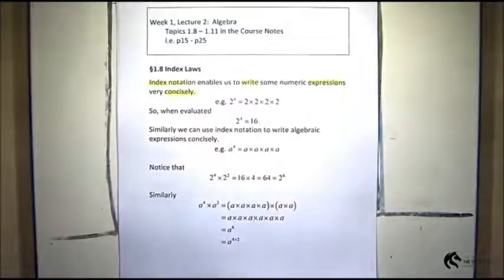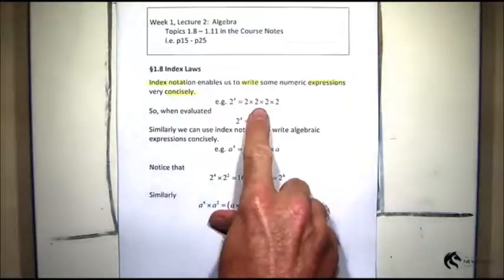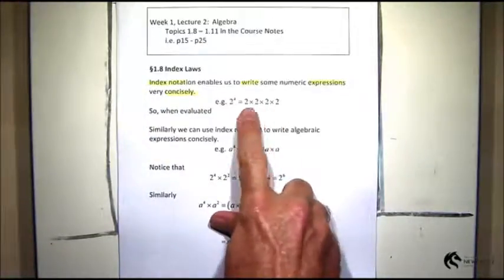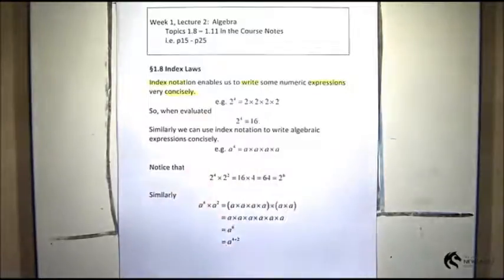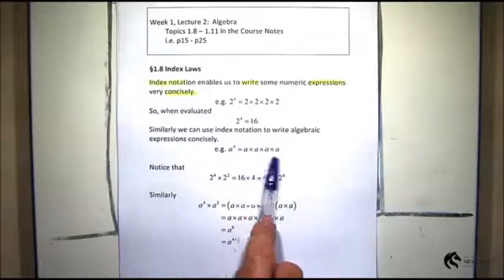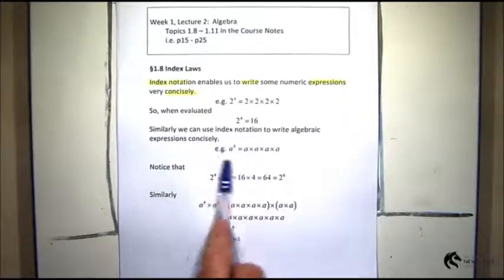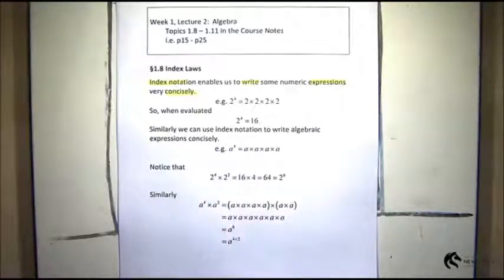And of course, in this case, I can actually evaluate 2 to the power 4. When I do that multiplication, I get 16. So we can do the same in our algebraic expressions. If I have a times a times a times a, I can write that as a to the 4. And of course, that's much simpler. So we're going to make extensive use of index notation.